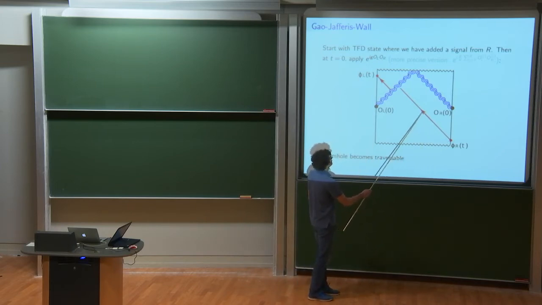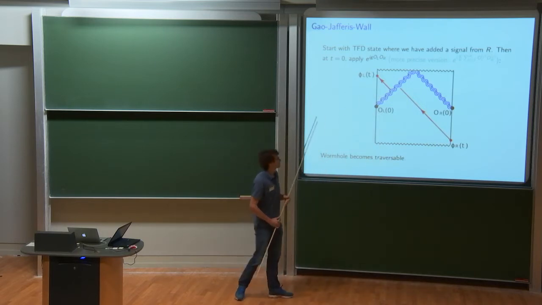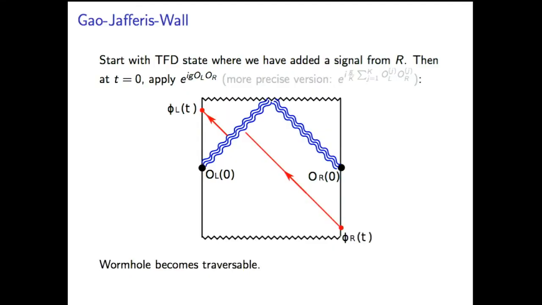They despair. They think that their fate is sealed. They're going to die in the singularity. But they have very capable coworkers who are still outside the black holes. And the coworkers realize that if they wait a little while and then they act with this operator, then they'll create a puff of negative energy inside the black hole, and their previously unhappy coworker will emerge safely into the asymptotic region of the left black hole.